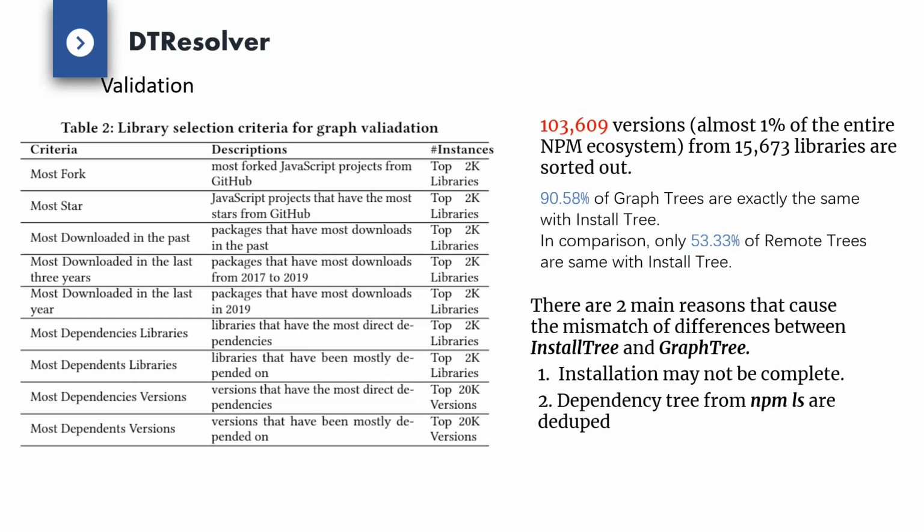There are two main reasons for the incorrect dependency trees. One is that the installation may not be complete due to missing environment supports, and we could have more nodes in some dependency trees. The other one is because we use NPM LS to collect the ground truth, but it deduped the dependency trees by default, which makes the locations of some nodes differ.